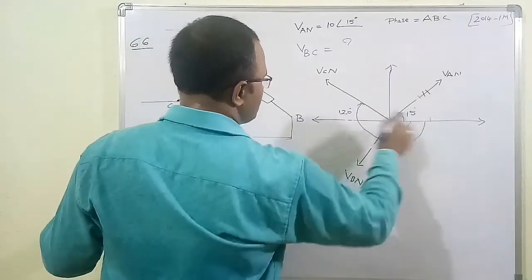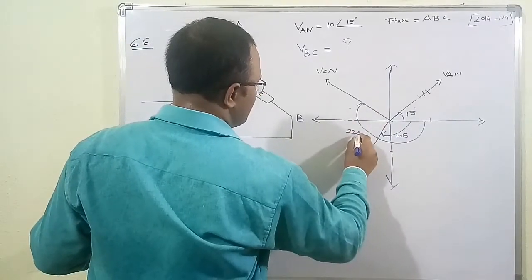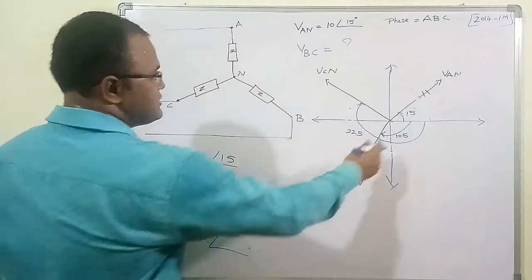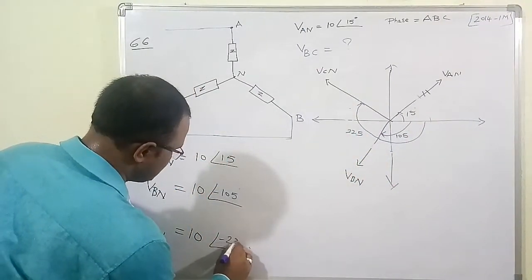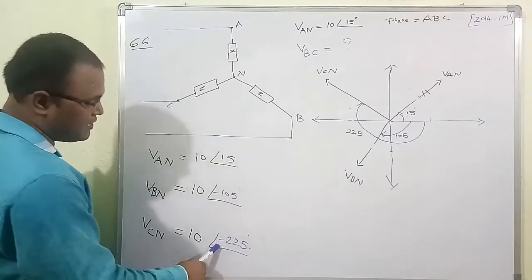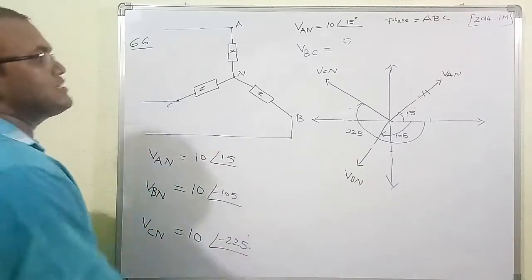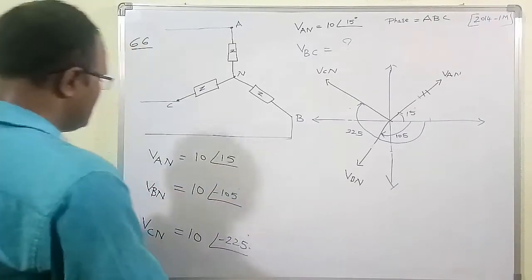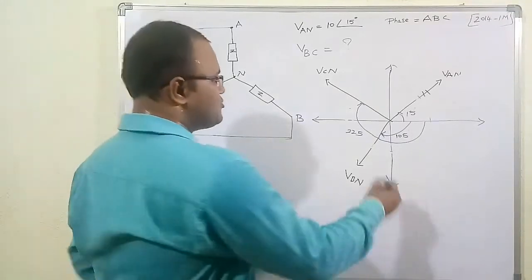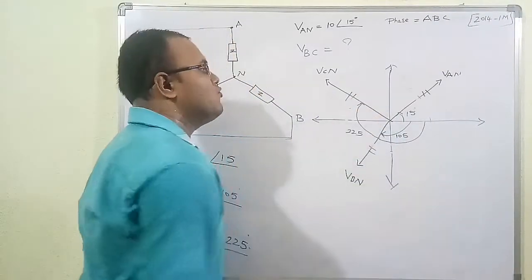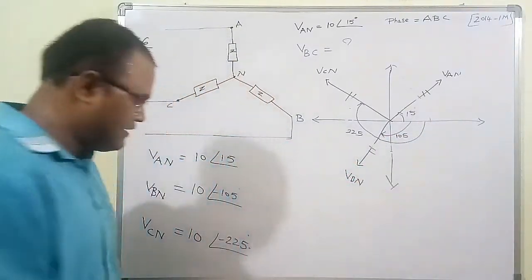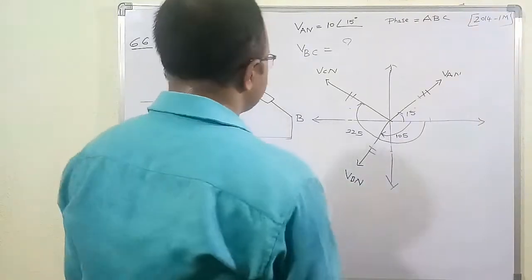So it is clockwise, minus 225. So we got VAN, VBN, and VCN. Simply remember one thing: the magnitudes are equal and they are displaced by an angle of 120, but we have to write them with respect to the positive x-axis.